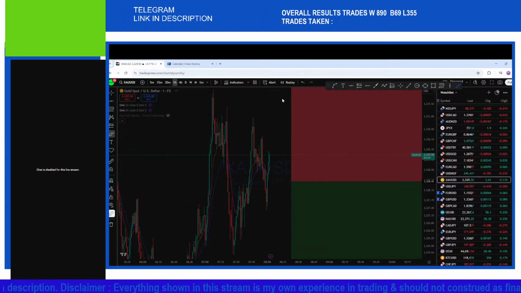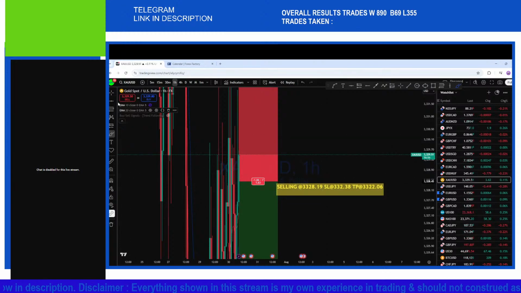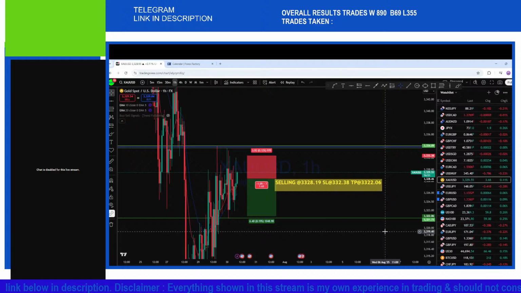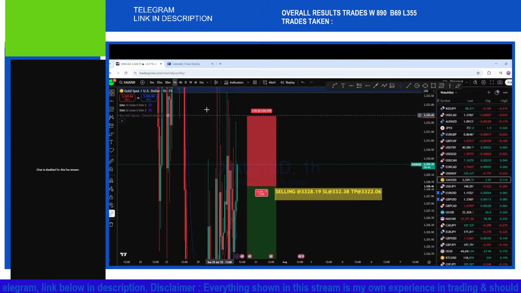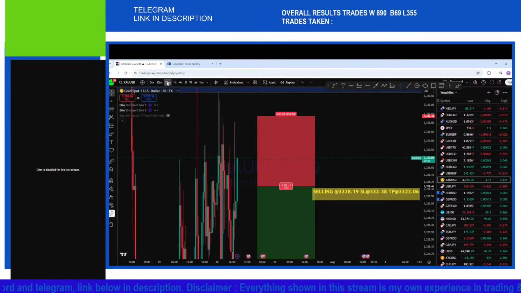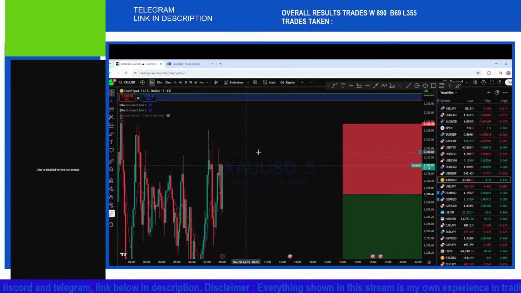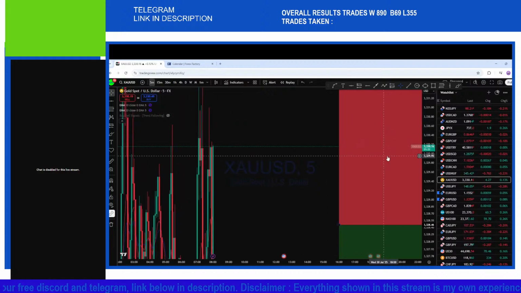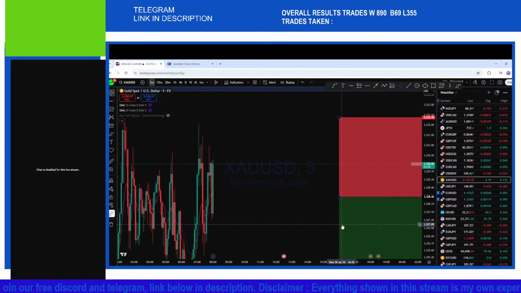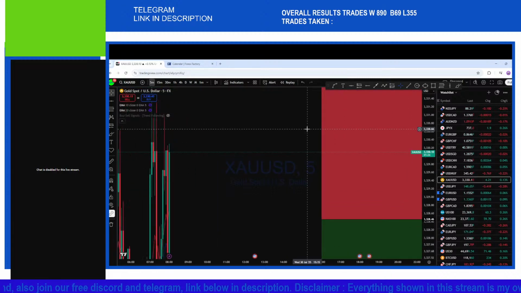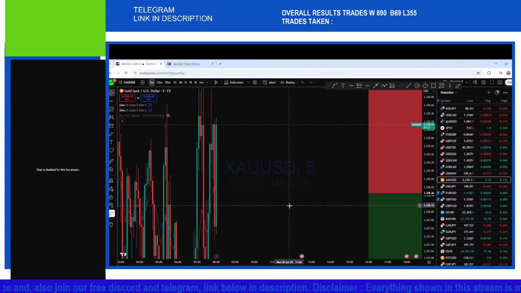And from the 1 hour, we see that this long wick doji, it's just ranging in that area.